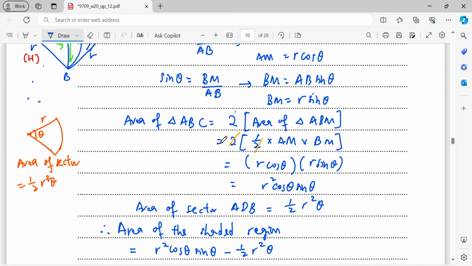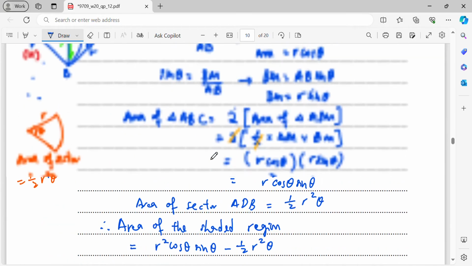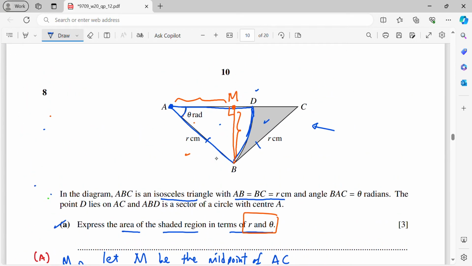Okay. B, in the case where r equals 10 and theta equals 0.6, find the perimeter of the shaded region. Okay, let's look at the diagram. Perimeter is basically DC plus BC, which is the R, then plus arc length of ADB.